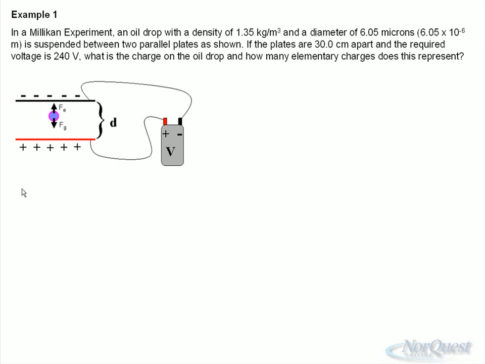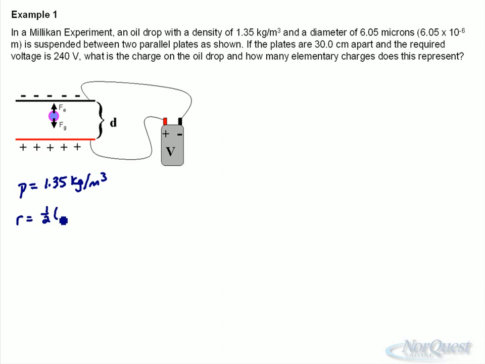We have the density, so we use the Greek symbol for density, which looks like a P, 1.35 kilogram per meter cubed. We have the diameter. Well, the formula is going to end up using radius anyway, so I'm going to just convert this to a radius.